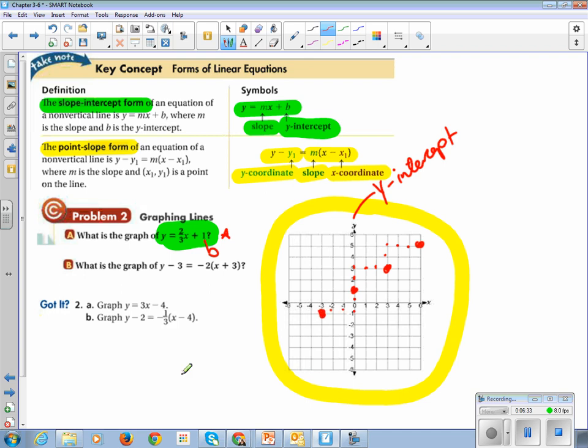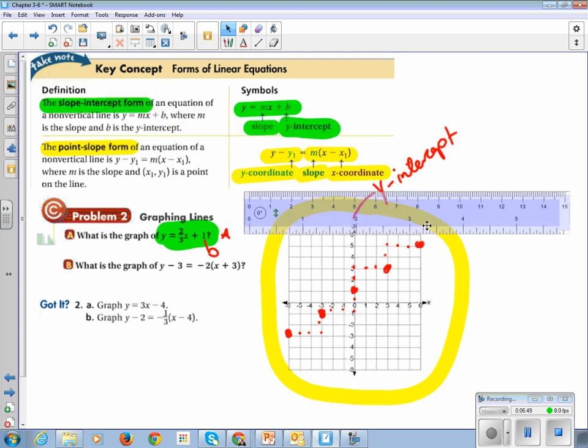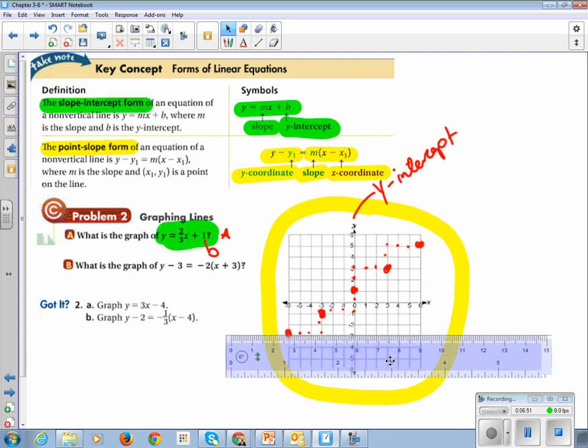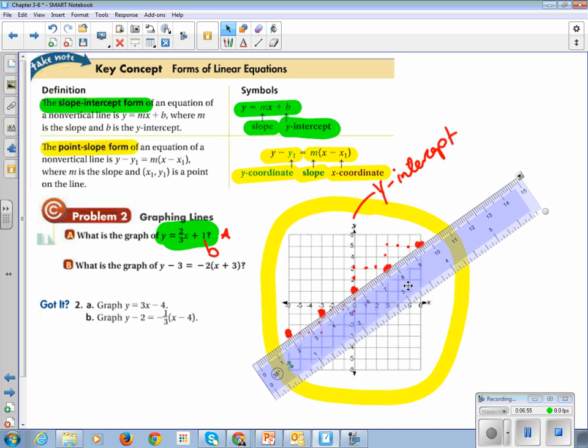I'm going to follow the pattern all the way across my graph. Then please take a straight edge. If you can, it's better to use a straight edge than not. Take your straight edge and draw your line.